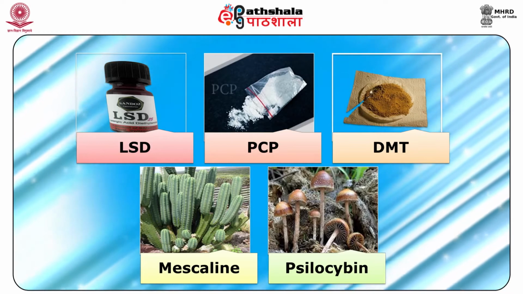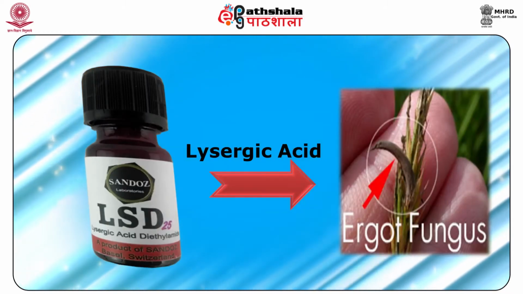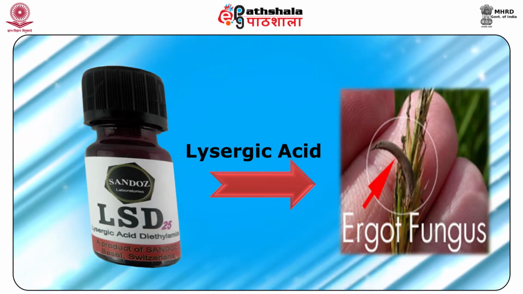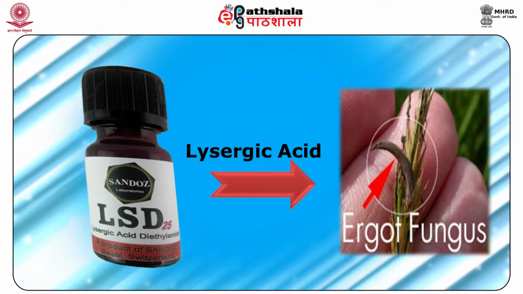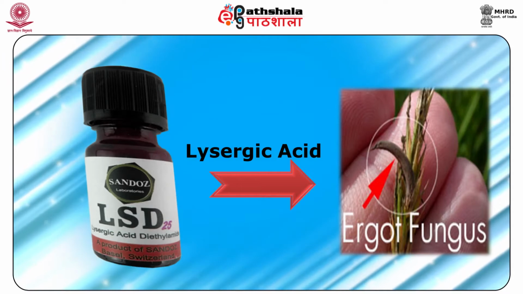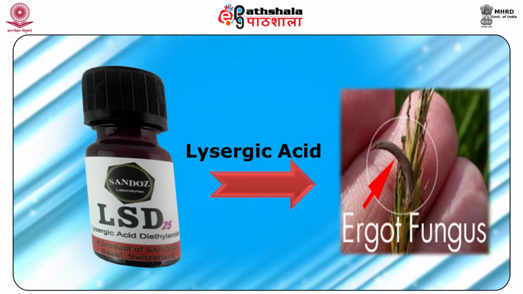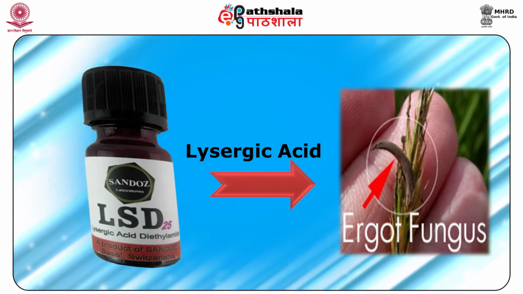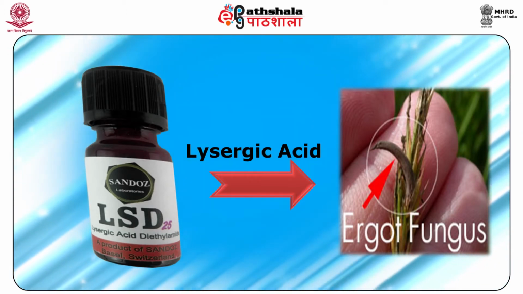psilocybin, etc. Out of these, LSD is very commonly used. LSD is manufactured from lysergic acid, a derivative of ergot, which is a type of fungus that attacks certain types of grains. And this is a very potent drug.